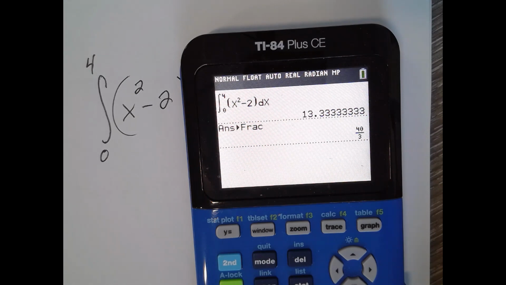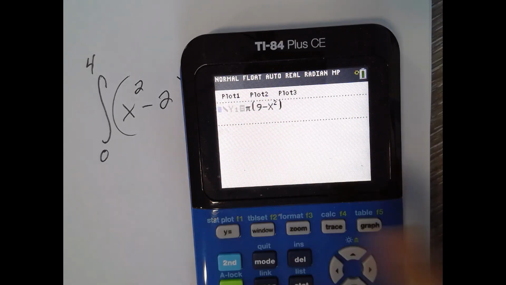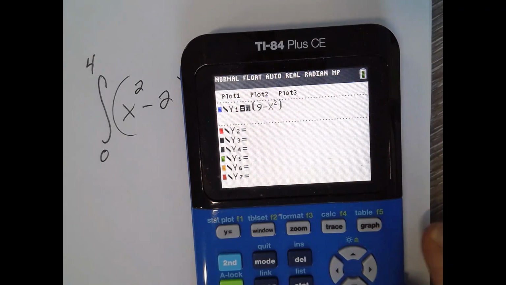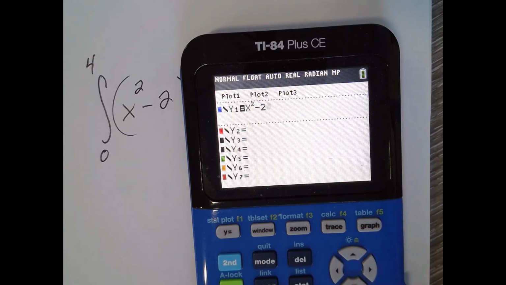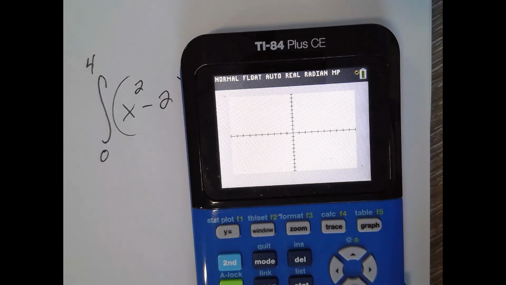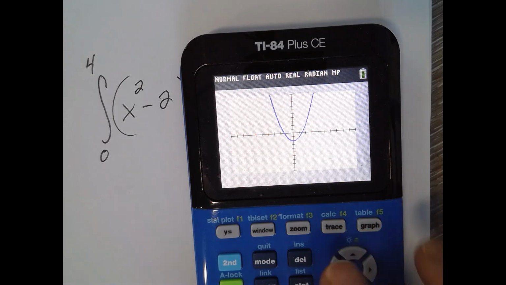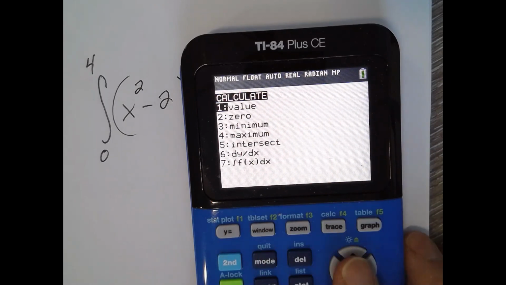Okay. Another way of doing area under the curve, a cooler way, but probably not a way that you'll do all the time. I'm going to graph y equals x squared minus 2. And now I'm going to calculate right up here. Calculate an integral.